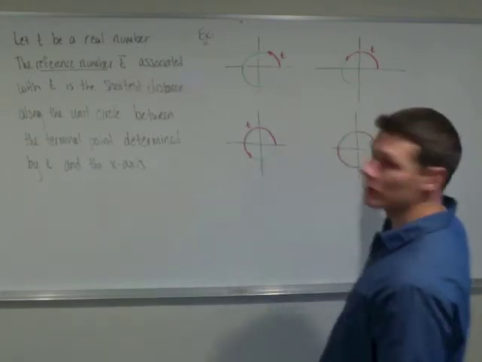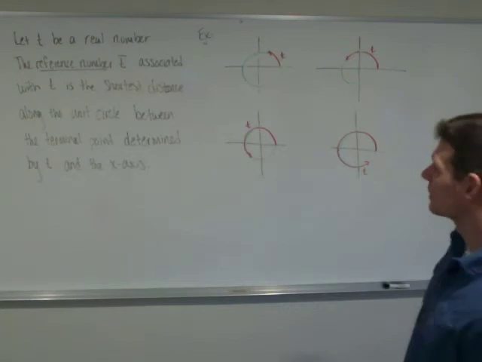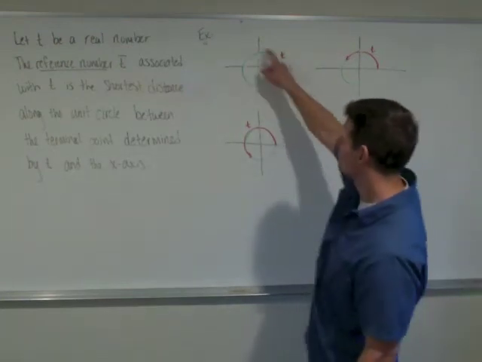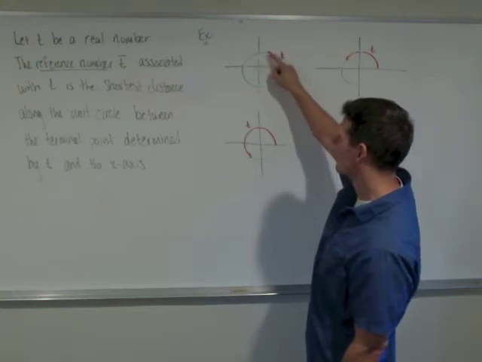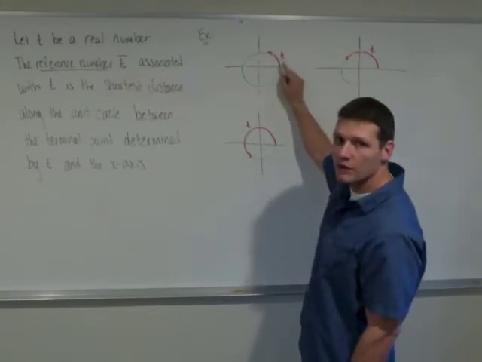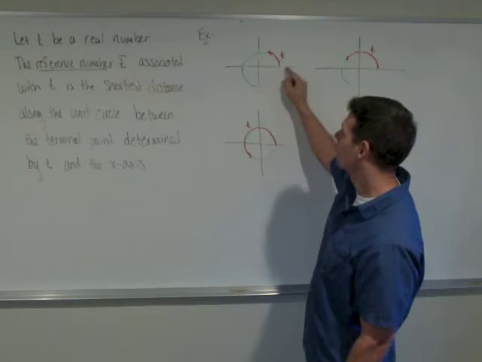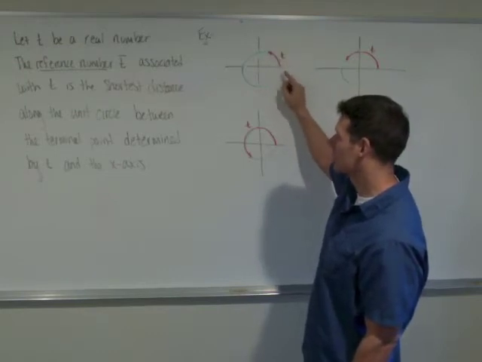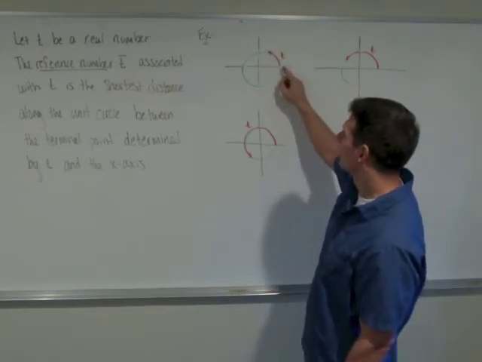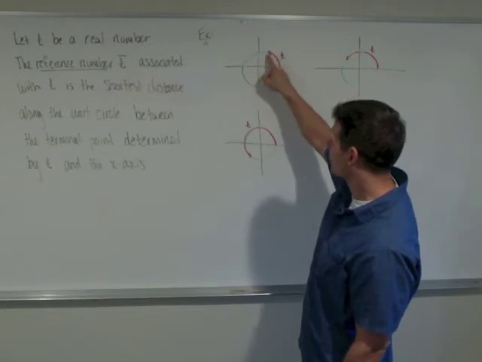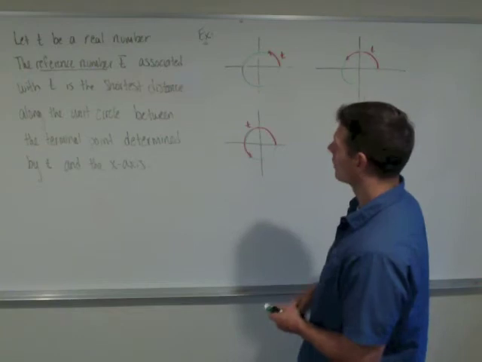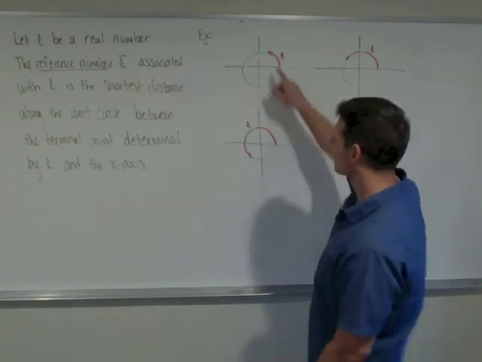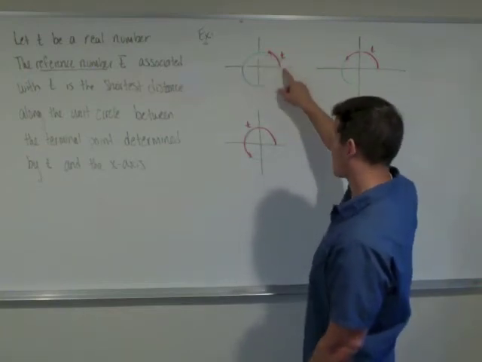Let's take a look at 4 examples here to see exactly what that means. Suppose I have a unit circle and I've got some distance t wrapped around starting at the point 1, 0, wrapped around the unit circle in a counterclockwise fashion. Well, this is my terminal point. The reference number is the shortest distance along the unit circle between the terminal point and the x-axis.